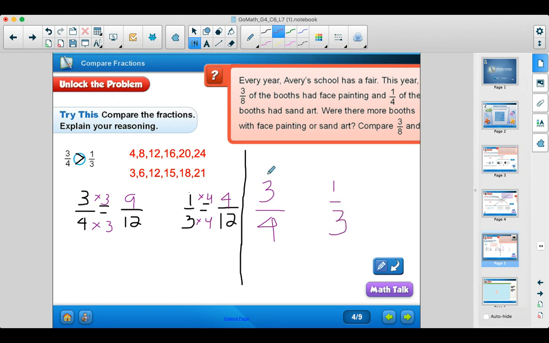Let's do the butterfly method. 3 times 3 is 9. And 4 times 1 is 4. 9 is larger than 4. Therefore, 3/4 is once again greater than 1/3. Okay.